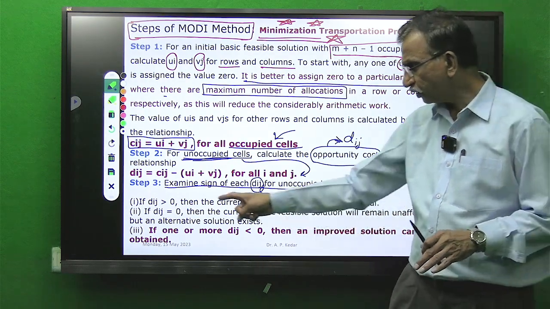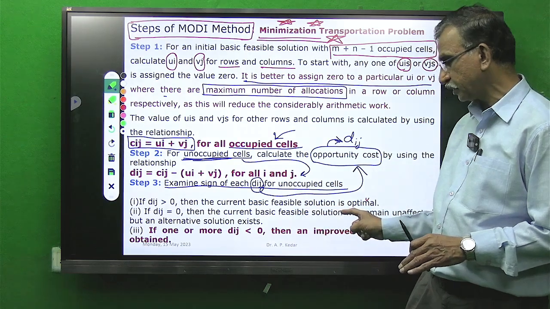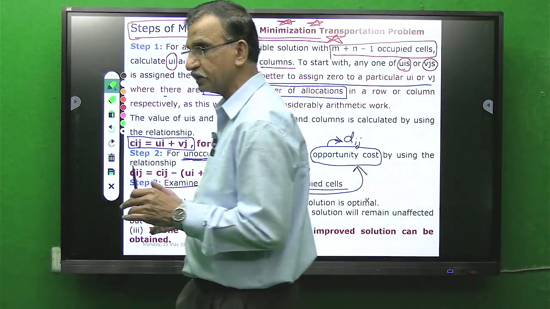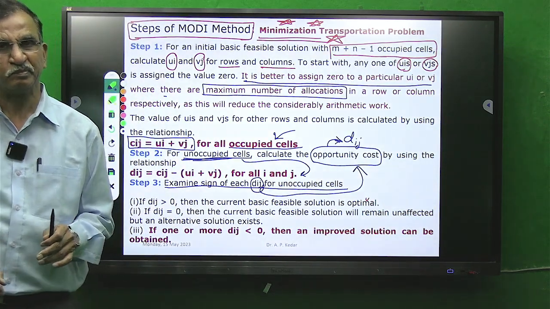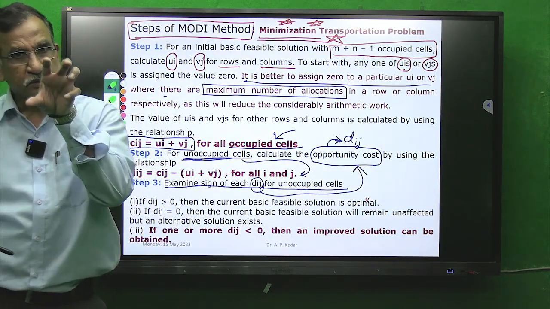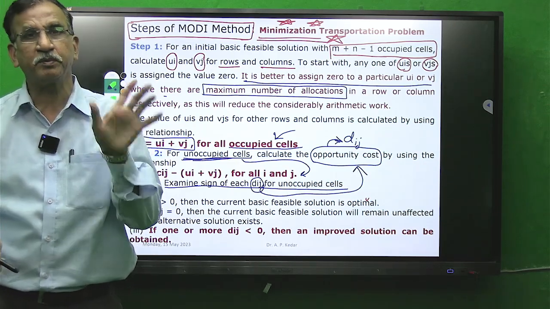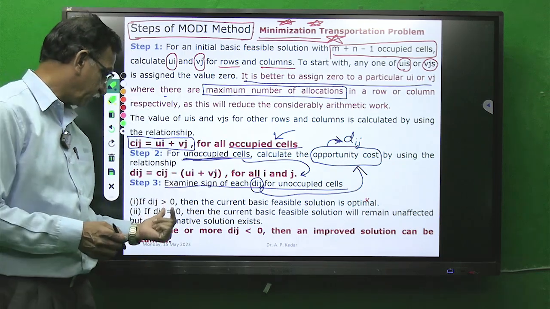Instead, if you are having this value equal to 0, then the current solution is optimal, but there is another solution to the same problem, meaning you will get the same answer, same value, but allocations may be different. That is the case when it is 0.